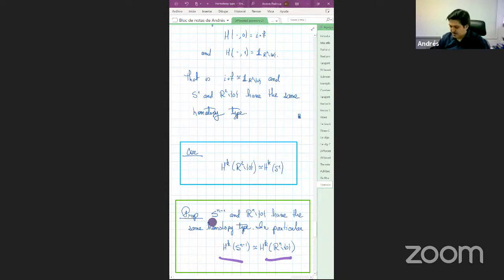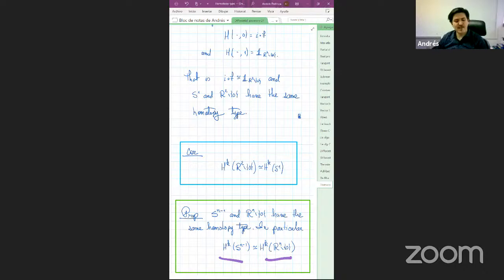So these two spaces have the same homotopy type, using the same functions. From here to here, the inclusion of the n-1 sphere. And in the other direction, the normalization of the length of the vector.